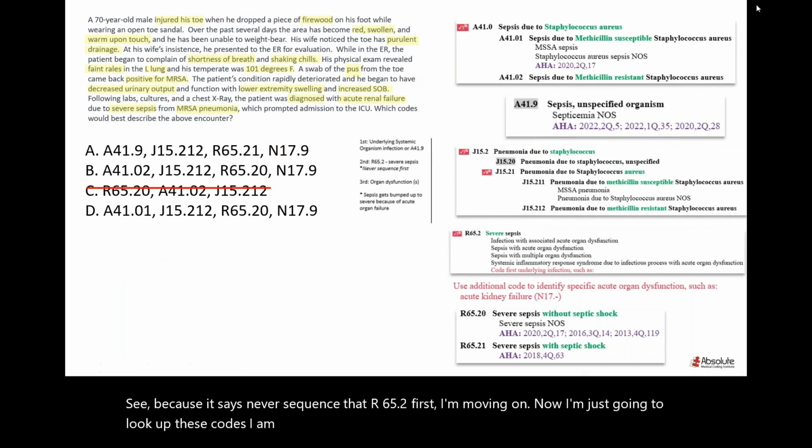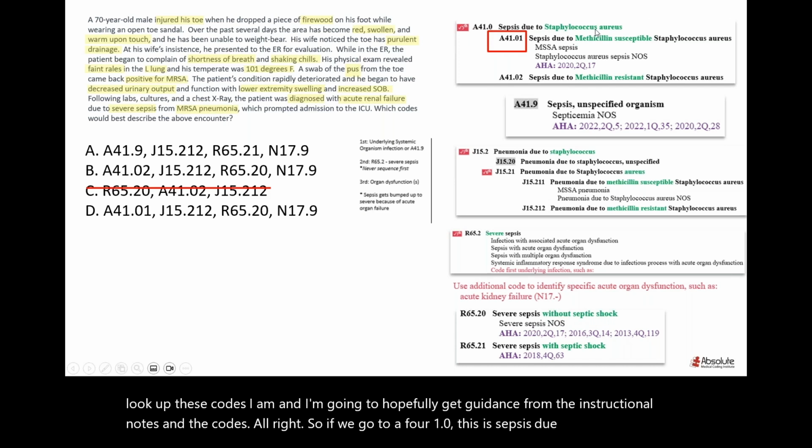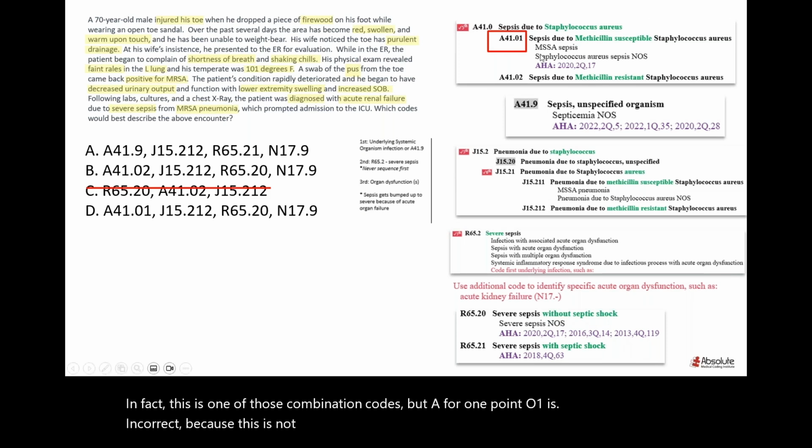Now I'm just going to look up these codes. I am, and I'm going to hopefully get guidance from the instructional notes and the codes. All right, so if we go to A41.9, A41.01, this is sepsis due to Staphylococcus aureus. In fact, this is one of those combination codes, but A41.01 is incorrect because this is not MRSA. This is MSSA. Remember, this is susceptible, and susceptible is not resistant.